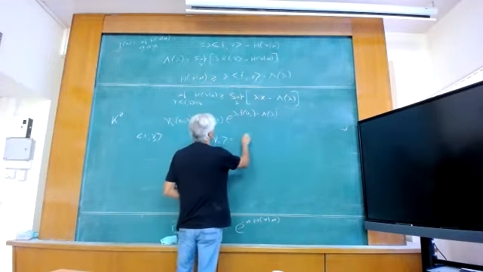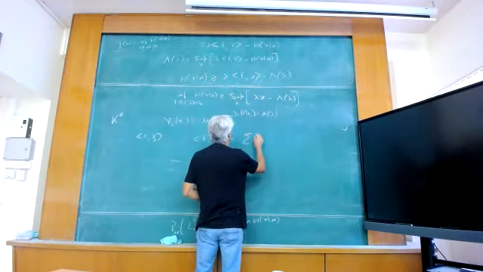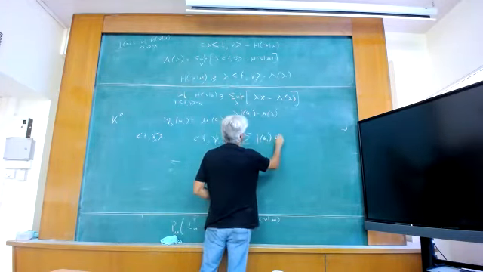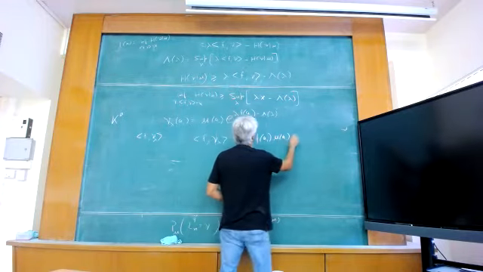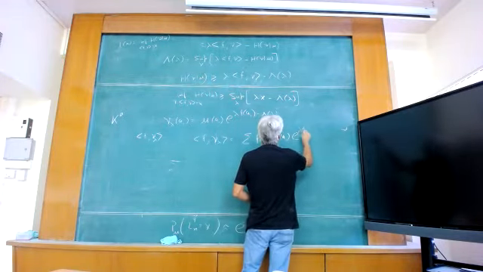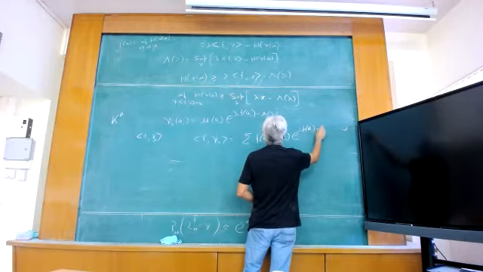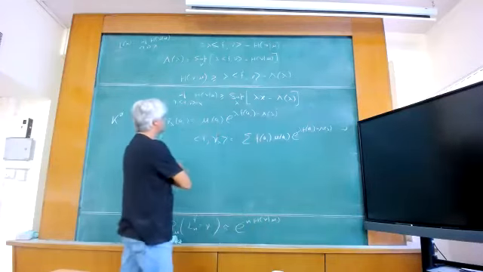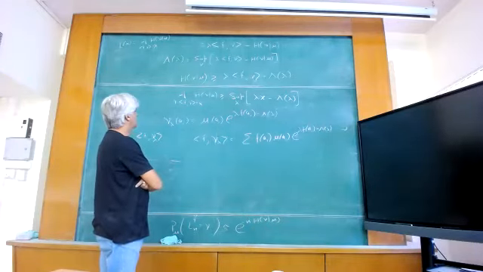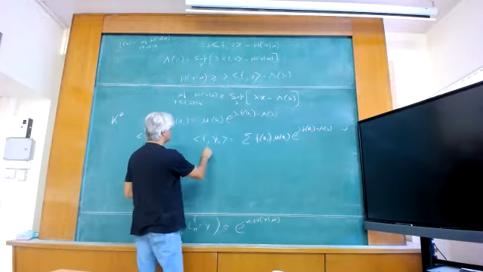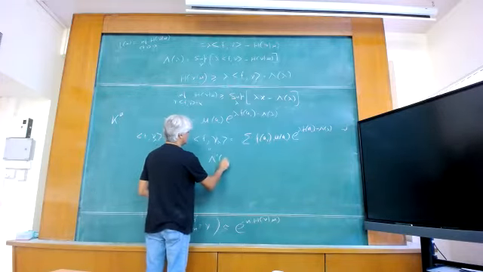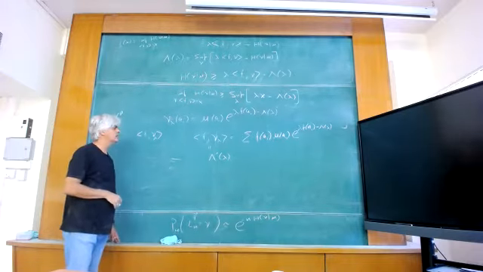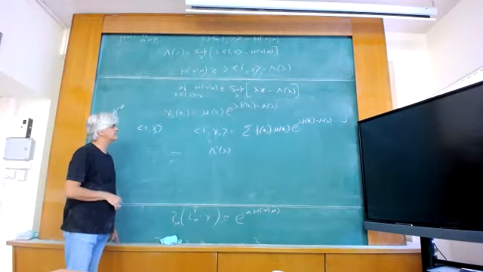This is going to be the summation of f a_i mu a_i e to the power lambda f a_i, and that's equal to lambda prime. Okay, this part is clear.